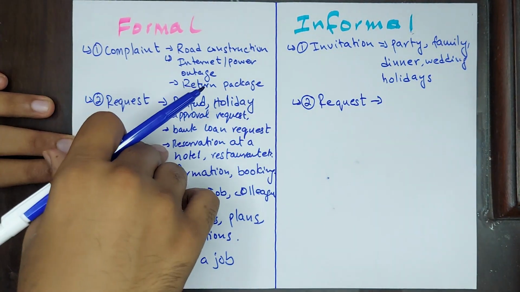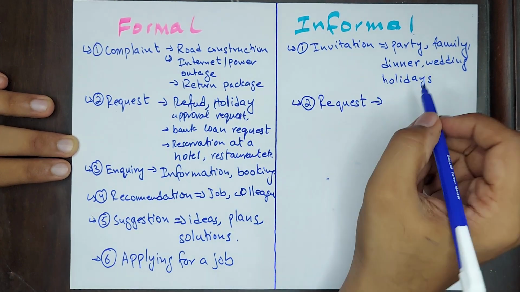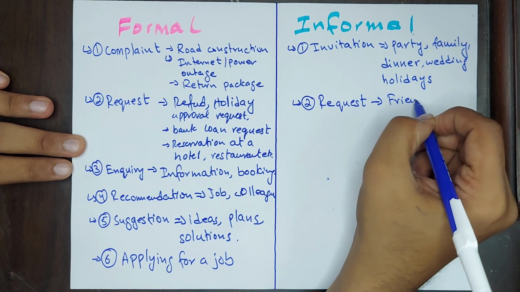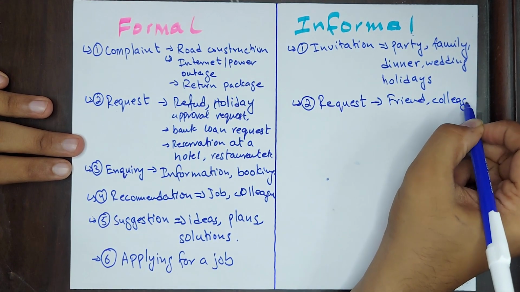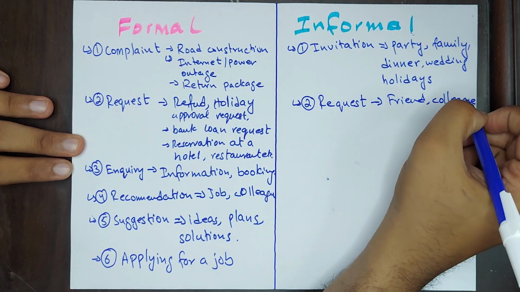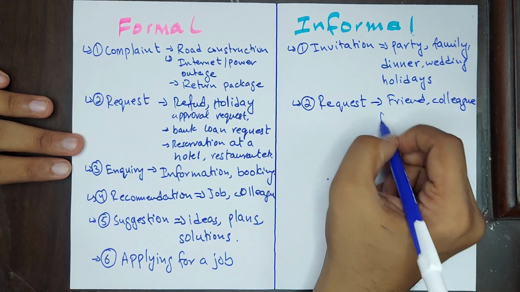It has to be formal, but it can be informal if you're writing a request to your friend, to your colleague. Okay, if you're writing a request to your family member.